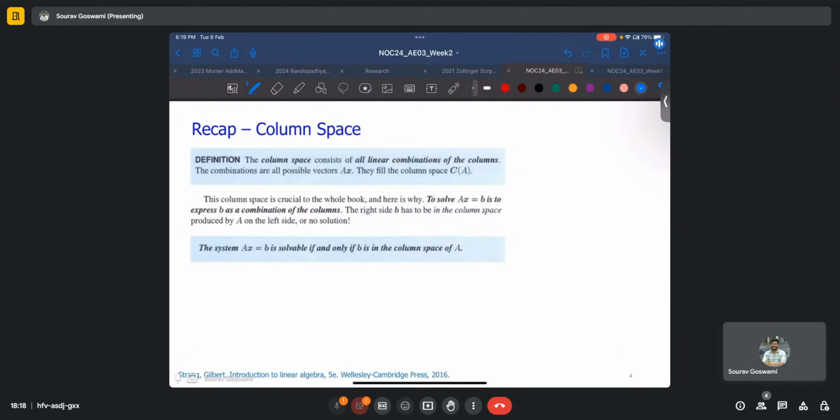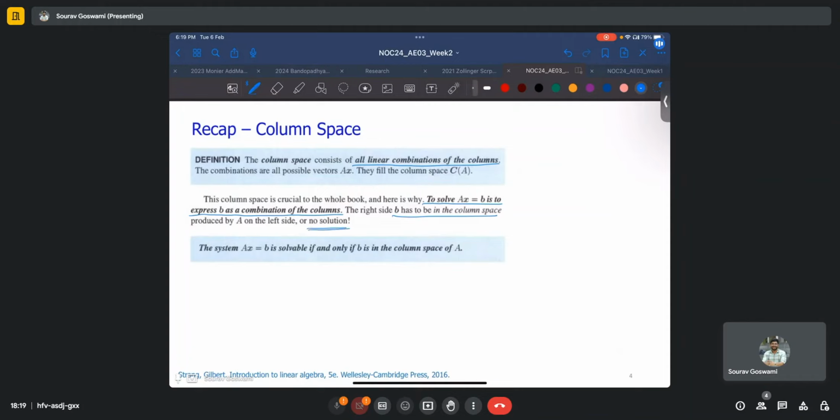Again, the definition of column space suggests that it consists of all linear combinations of the columns, and the combinations are all the possible vectors Ax, and they fill or span the column space of A. When we are solving Ax equals b, we are actually trying to express b as a combination of the columns. And the right side b has to necessarily lie in the column space, or there is no solution.